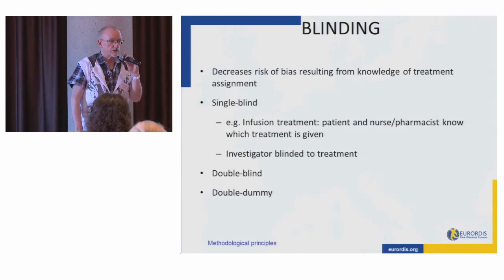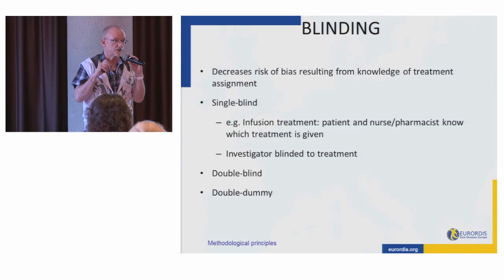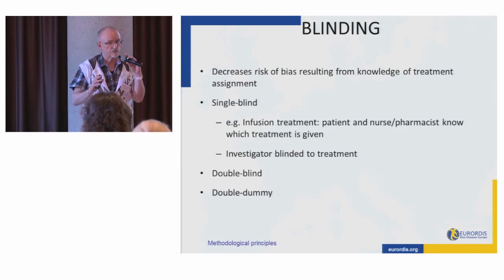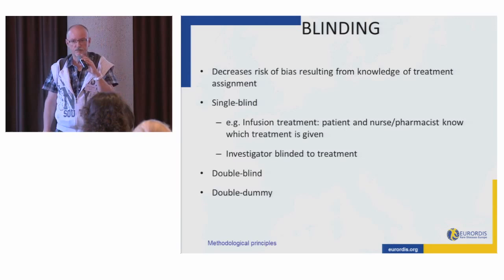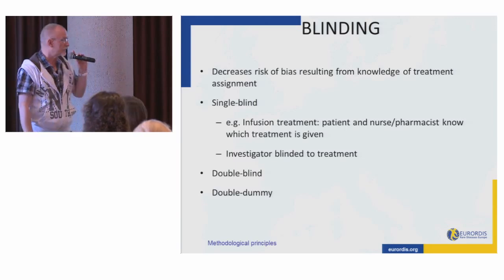So what you need is, if you're comparing to placebo, you need a placebo capsule and you need a placebo tablet. So it's possible that each patient will receive a tablet and a capsule, but with different contents in them. So that is what we mean by double dummy. So you can't tell based on the appearance of the treatment.